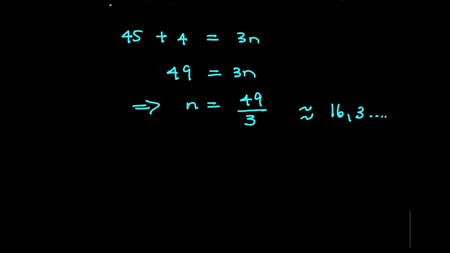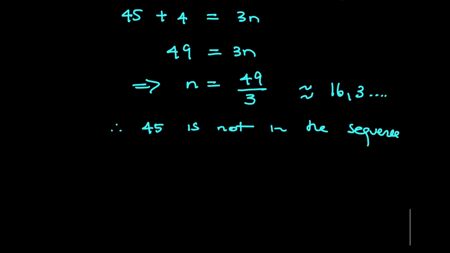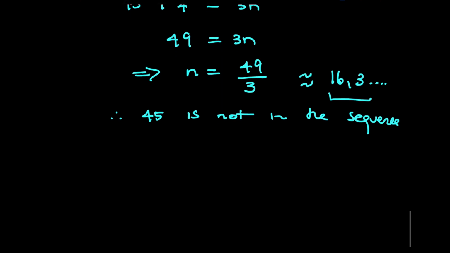Now n should be a natural number, because we are speaking of the position where the term is contained. As you can see, 16.3 is not a whole number, so you conclude that, therefore, 45 is not in the sequence. If you do not get a whole number here, it doesn't make sense to have something in position 49 over 3.